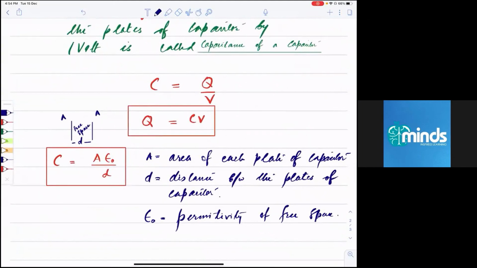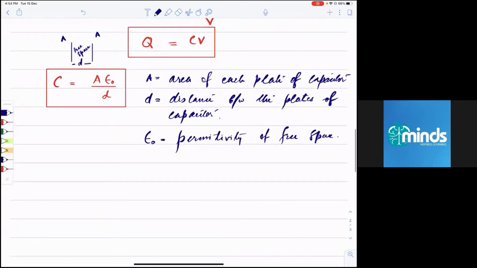If you put some dielectric between the plates, what does it mean? This is the first plate of the capacitor, this is the other plate, and we put some dielectric, some insulator, between the plates.